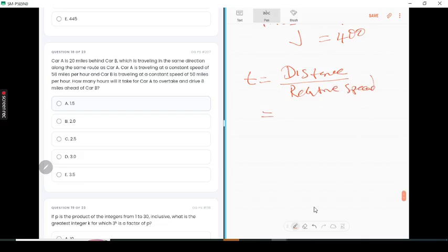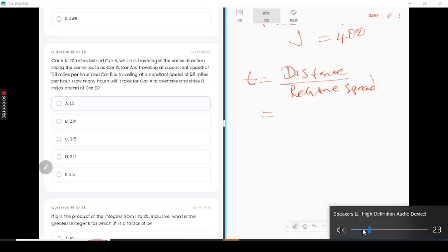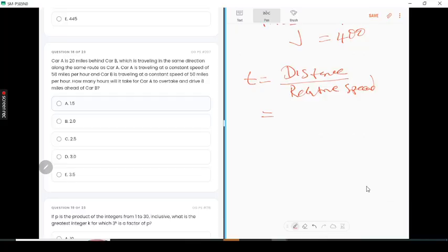The car needs to cover two sets of distance. It needs to cover the distance where it is lagging, which is 20, then another distance of 8, which is now ahead of the other one.